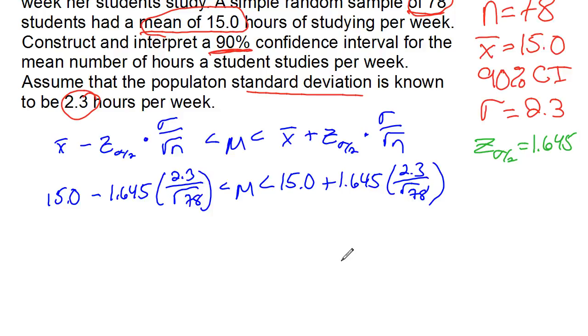And when you do that, you end up getting 0.4289 and some other numbers. And since we're rounding to 1 decimal place, that comes out to 0.4.